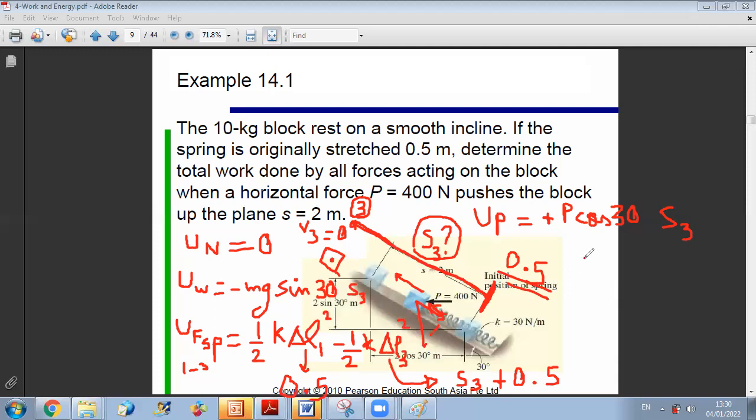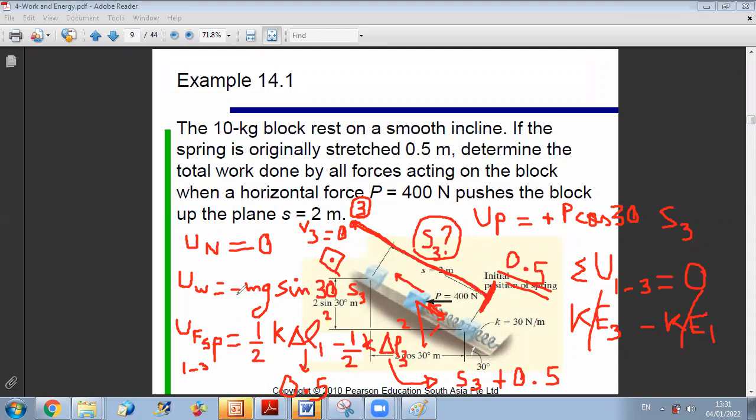I will say that the sum of work between state 1 and 3 is equal to the kinetic energy at state 3 minus the kinetic energy at state 1. But both kinetic energies are equal to 0 because the initial state starts from rest and the final state will stop. So my equation will be sum of work is 0.